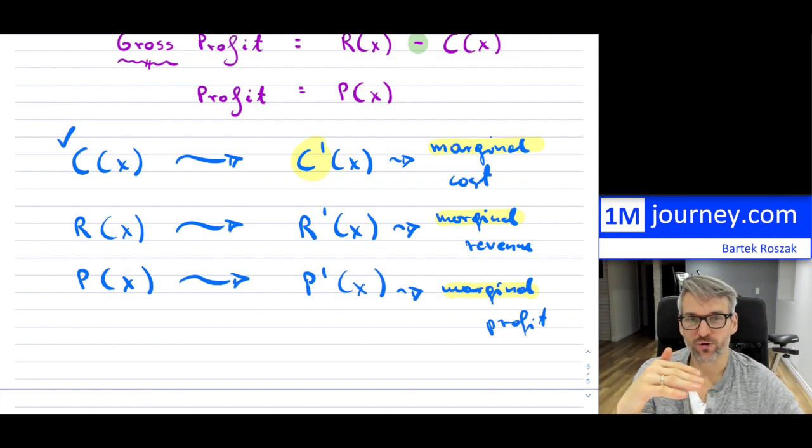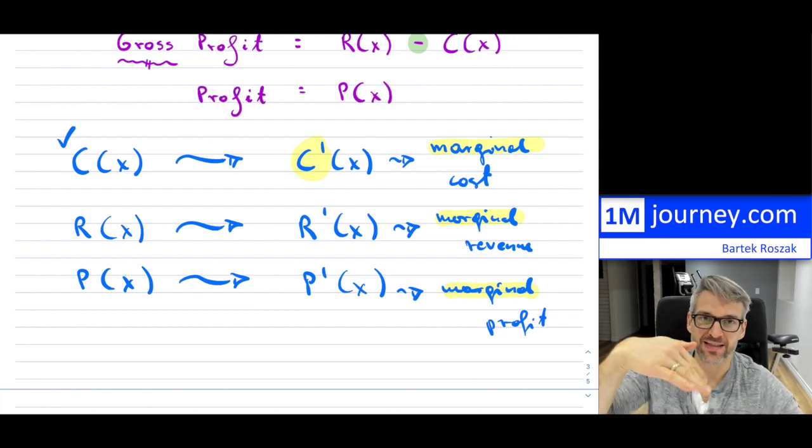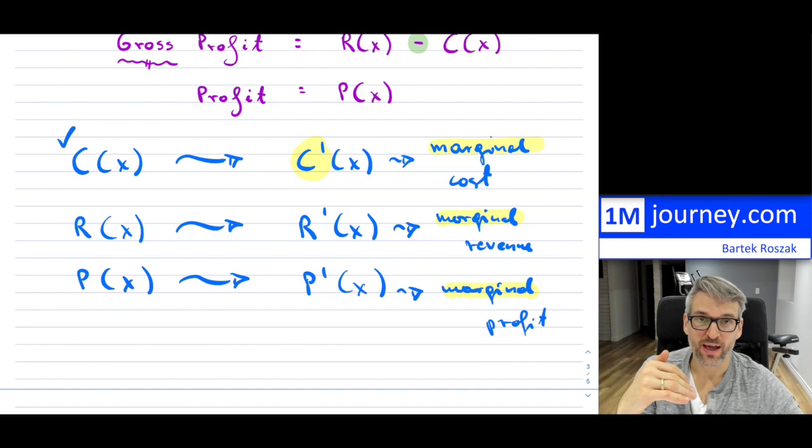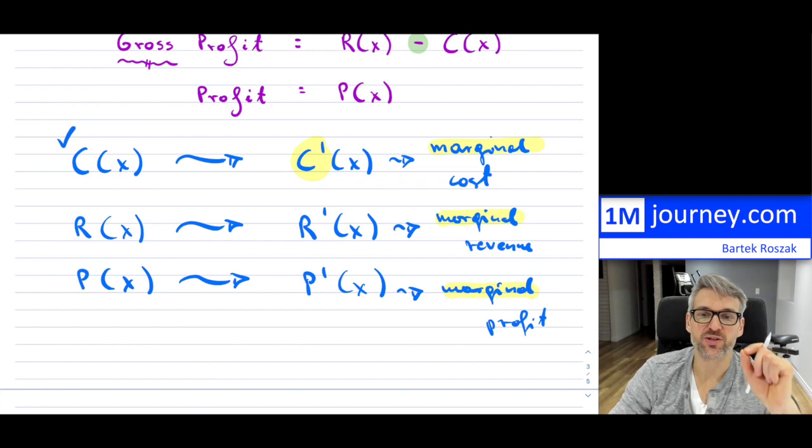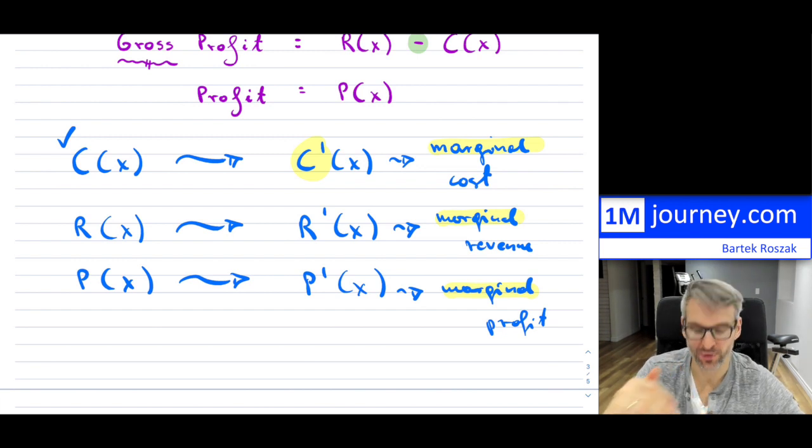If your rate of change for the cost is negative, that means your costs per unit are going down. If your revenue derivative is positive, then your revenues are increasing. If it's negative, your revenues are decreasing. This is per unit. And the profit is the same. It's either increasing or decreasing per unit.